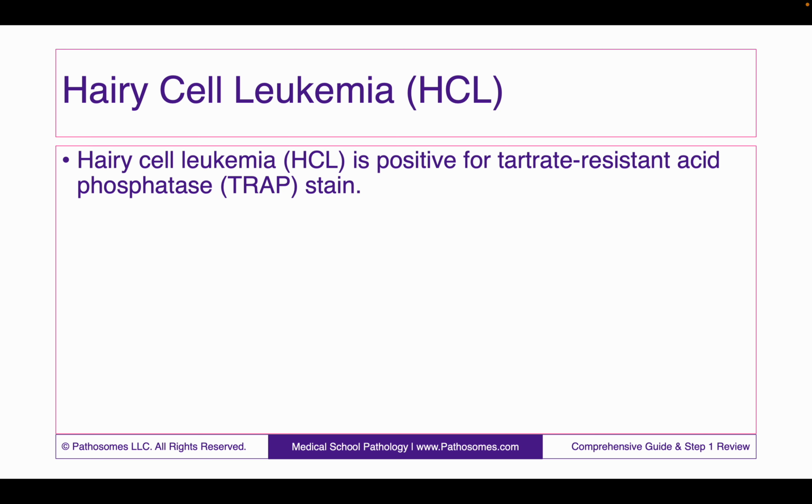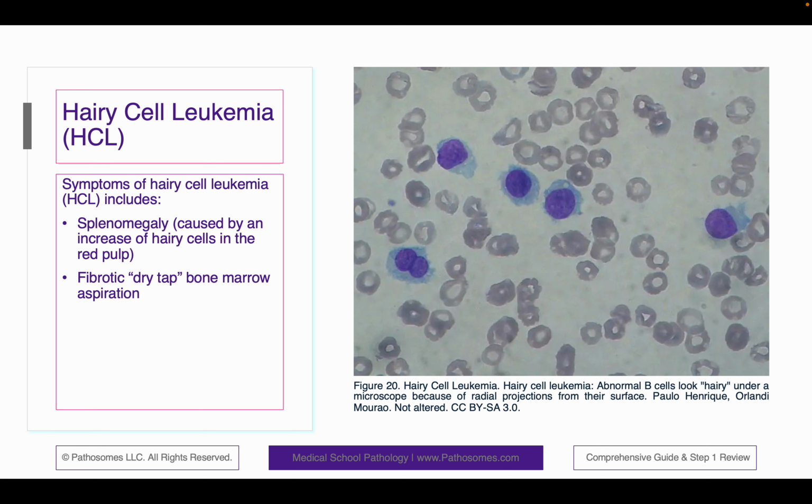Now, hairy cell leukemia, you need to know this, is positive for tartrate-resistant acid phosphatase, also known as the TRAP stain. Symptoms of hairy cell leukemia include splenomegaly, and this is caused by an increase of hairy cells in the red pulp of the spleen.